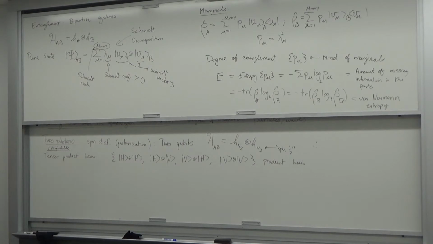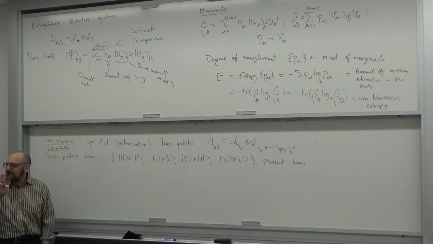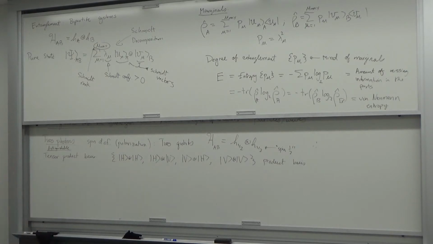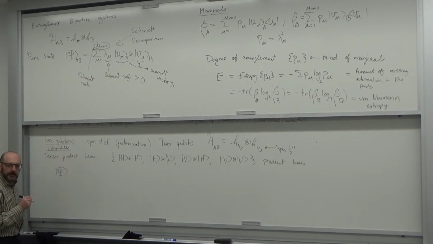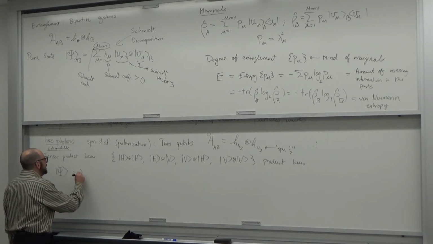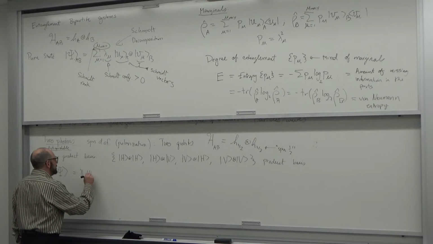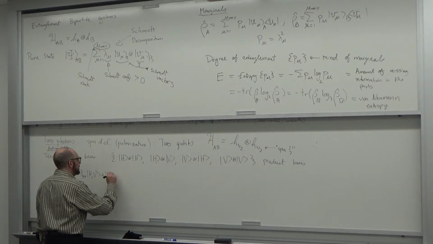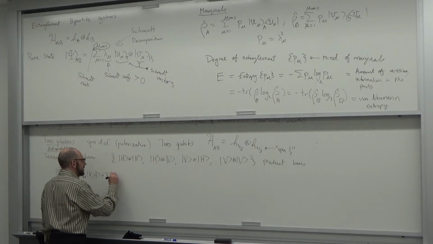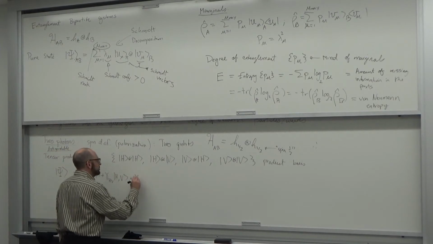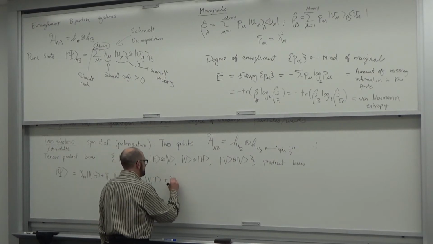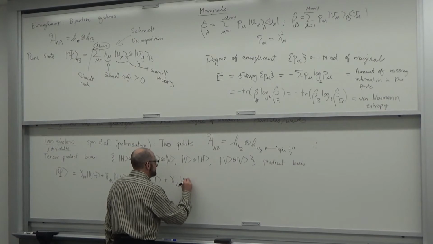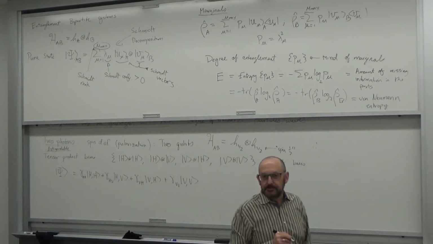Right. So, with all those caveats that I have swept under the rug at the moment, I could say that the polarization state of these two photons would generally be some superposition of those basis states, right?